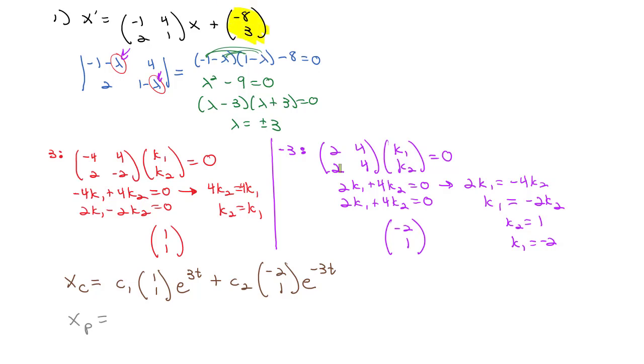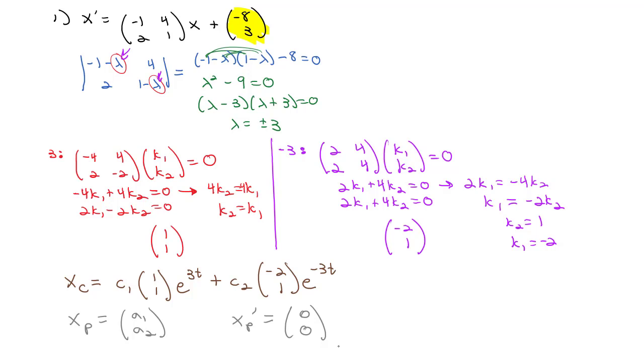Well, it looks like we've got constants added to our function. So with much the same strategy that we had before, we're going to assume x particular is a constant. We'll call it a1, a2. And if that's the case, then x particular prime is going to be 0, 0, the derivatives of constants.